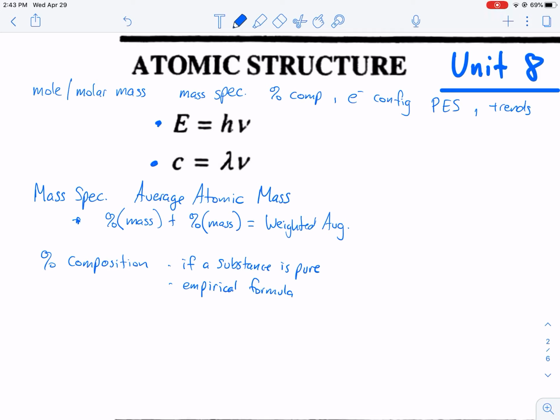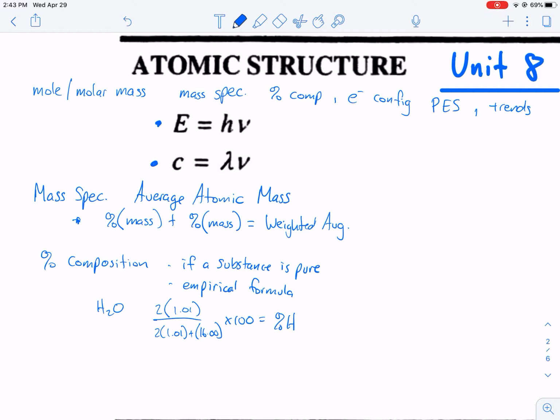So for example, if you have something like H2O, we know that with H2O, if we're trying to find the percent hydrogen here, you go 2 times 1.01 all over 2 times 1.01 plus 16, and then times 100 gives us the percent hydrogen.